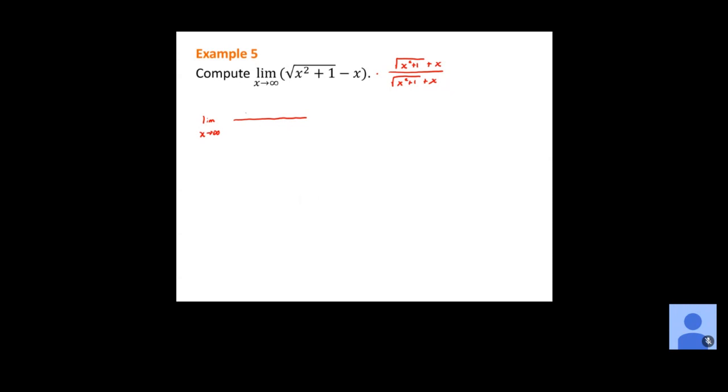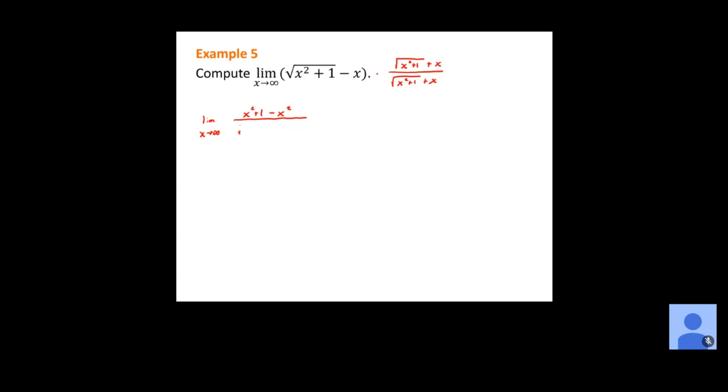We have the x squared plus 1, because those square roots are going to cancel. And then the outer and inner terms will cancel. That's the whole point of using the conjugate. And then negative x times positive x should give us a minus x to what power? x squared. Okay, so there's our numerator.